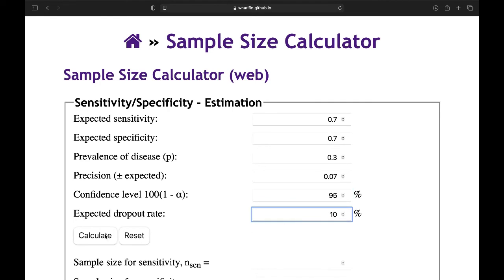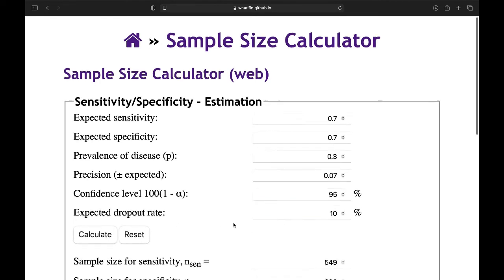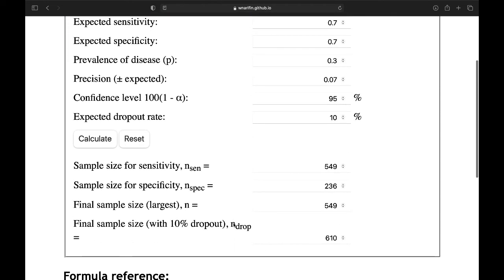I will just calculate. Here it gives the sample size required for calculating sensitivity and specificity. For sensitivity estimation you need 549 and for specificity 236. Higher of them is 549. So our final sample size is 549 and with non-response rate it is 610.